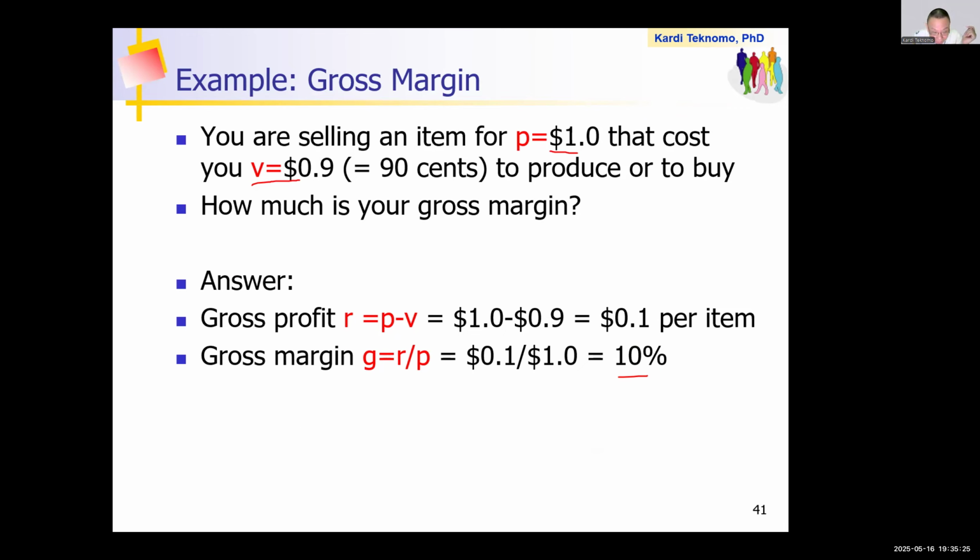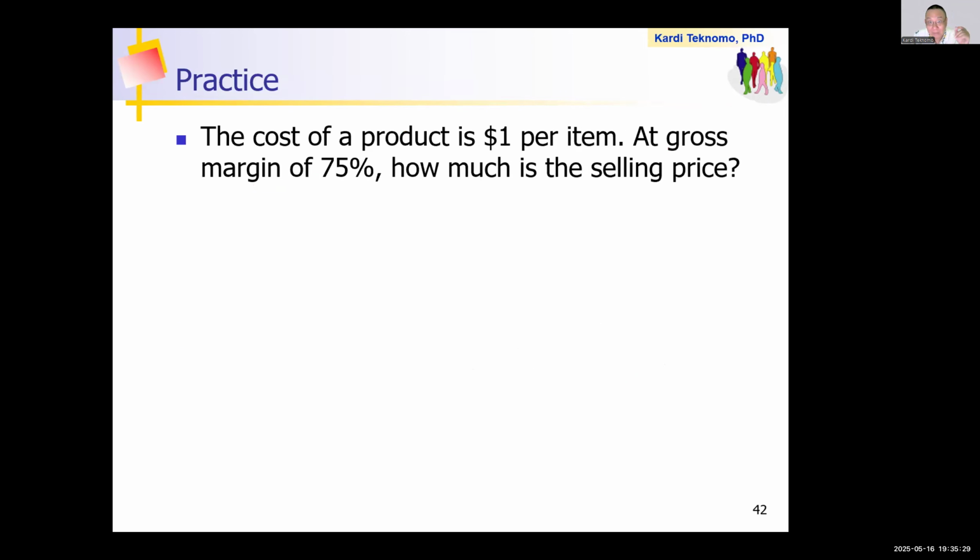Maybe the next example will give you a better understanding. Suppose the cost to produce is $1, and you fix the gross margin at 75%. How much is the selling price? Do you remember the formula from a while ago?